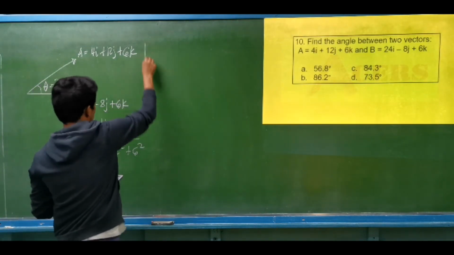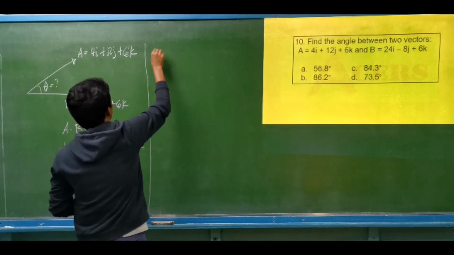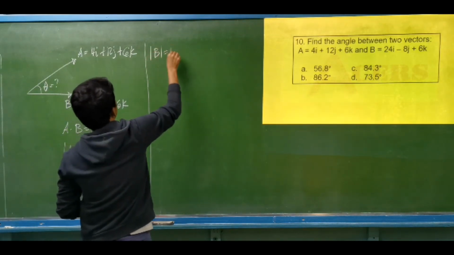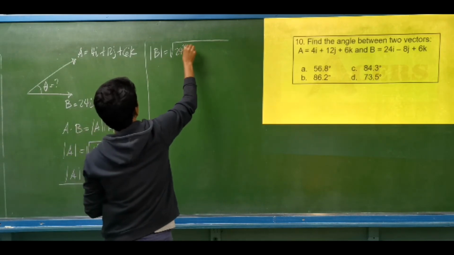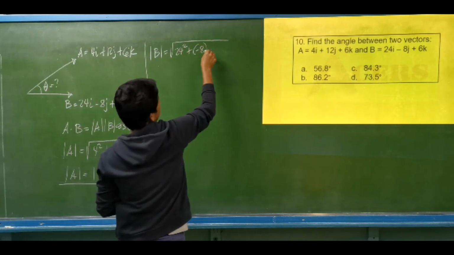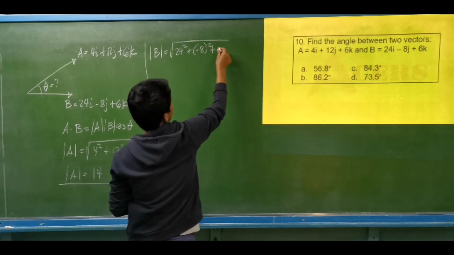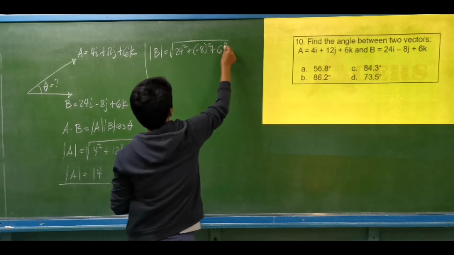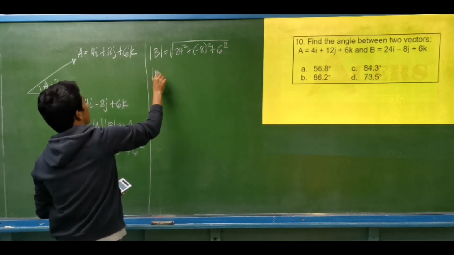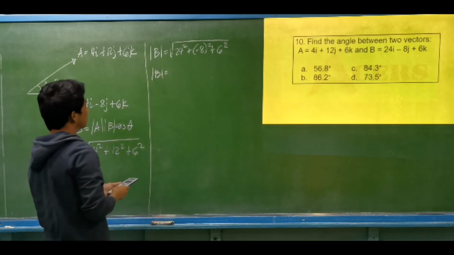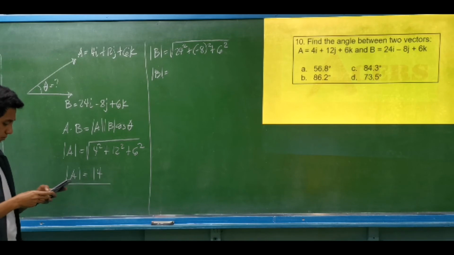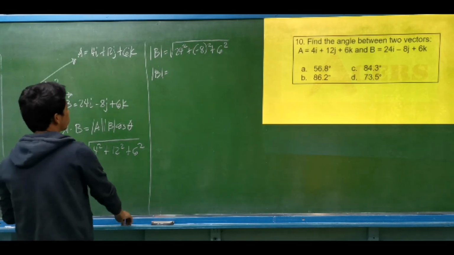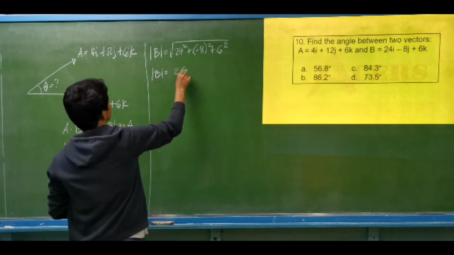What about the absolute value of vector B? It is the square root of 24 squared plus negative 8 squared plus positive 6 squared. That is equal to 26.